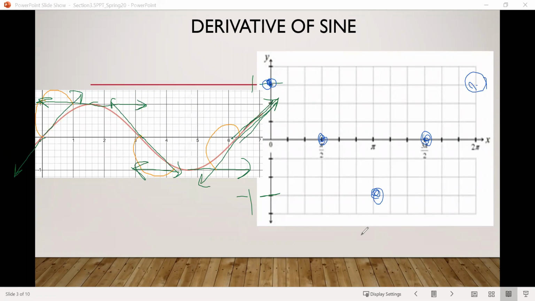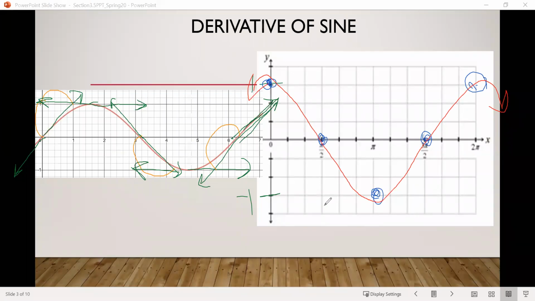Notice I have those 5 dots, which represent the graph of the derivative, and if I connect those, I'm going to use this color, we get a shape that looks like this. Hold on, does that shape look familiar? Oh my goodness, that's a graph of a cosine function.